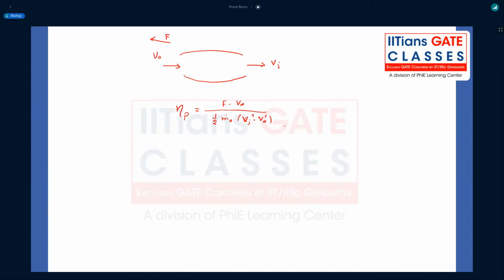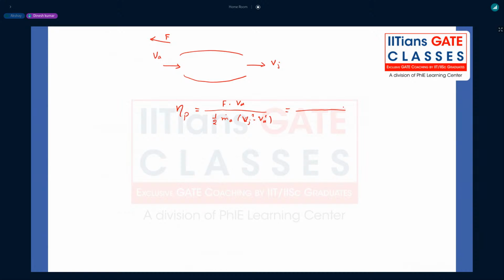This is the propulsive power. Here I am assuming optimum condition, which means thrust is produced only through momentum thrust. There is no pressure thrust involved. Though it is not specified in the question, we can safely assume that.